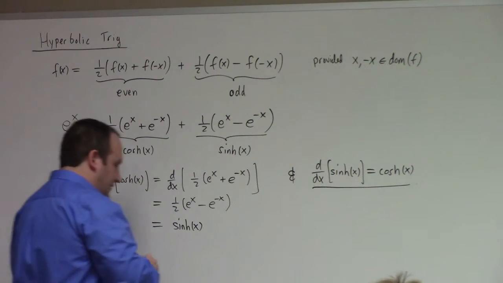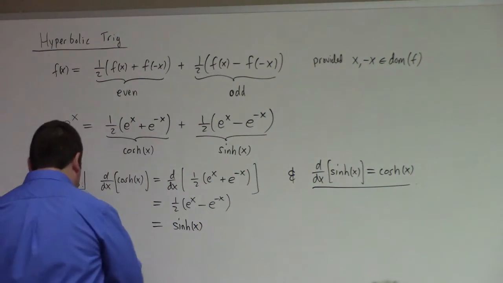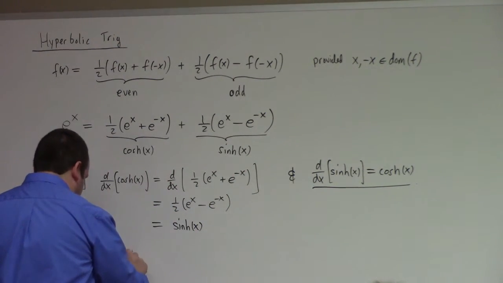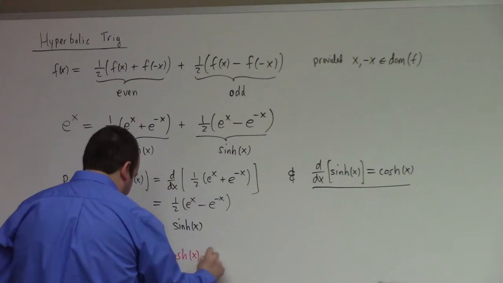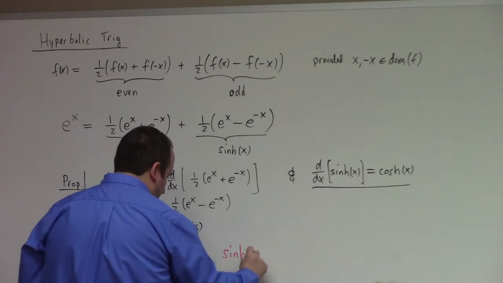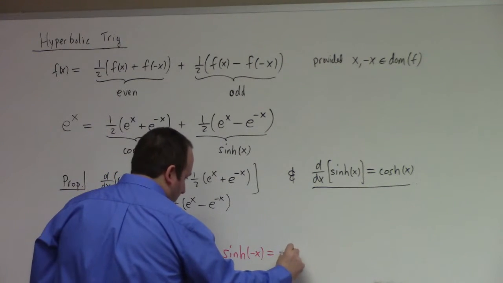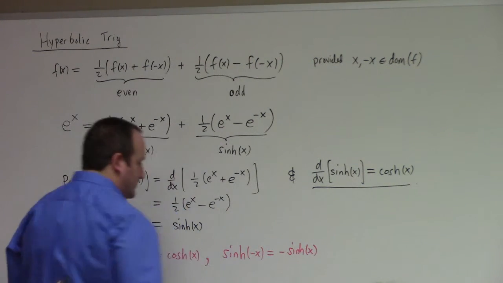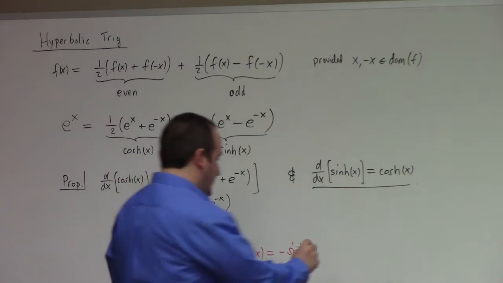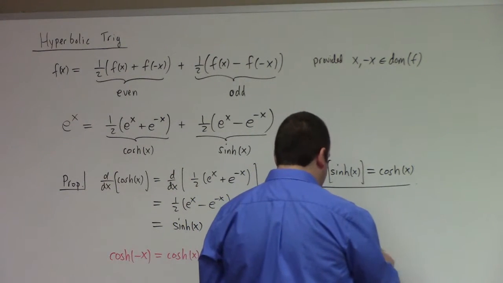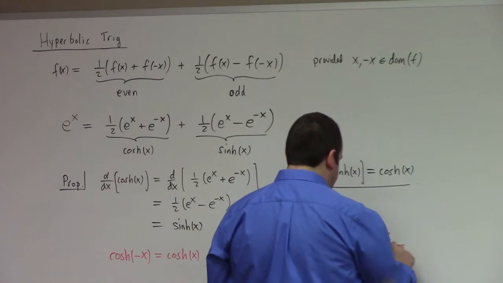We should also notice that cosh of minus x is equal to cosh x, and sinh of minus x is what? Minus sinh of x. So cosh is even, sinh is odd. Something related to that is if you look at e to the minus x, what do you get?